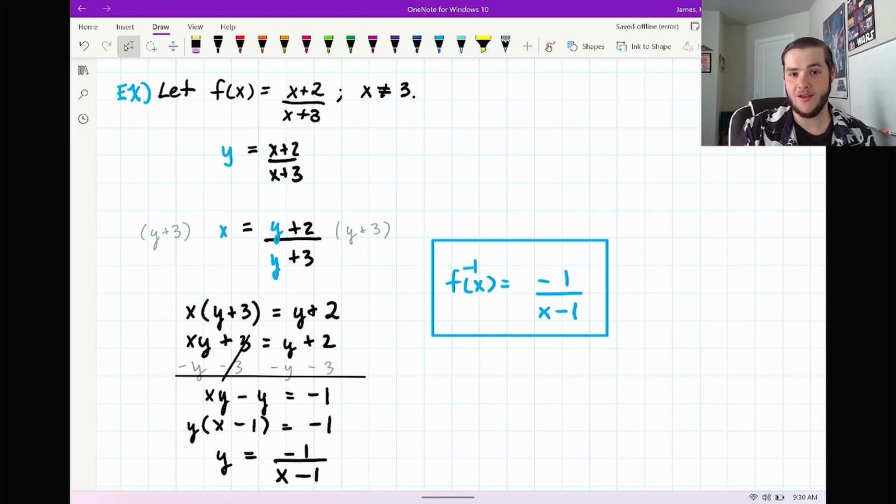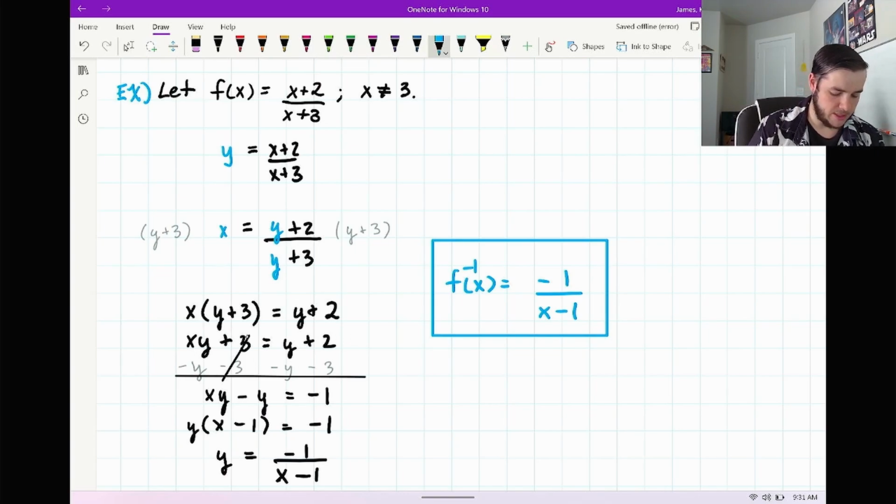The way I got that was using the same step-by-step process as before. Step 1, I wrote y as f of x. Step 2, I exchanged the roles of x and y. Step 3, the meat of the problem, is I solved for y. The way I did that was I multiplied my y plus 3 over, and then I noticed that I need to get all of my terms with y onto one side.